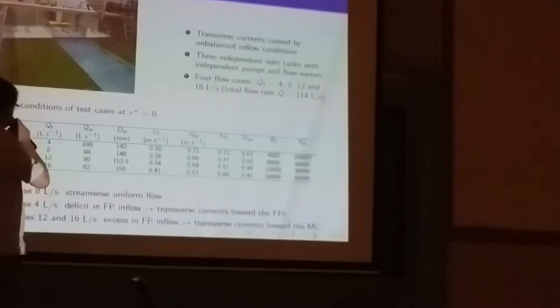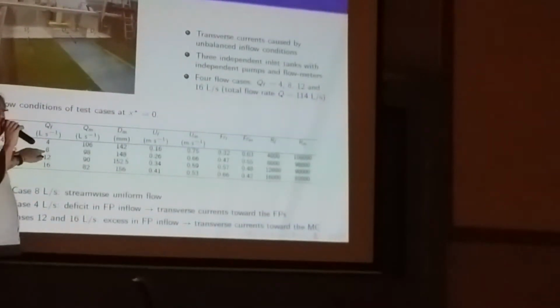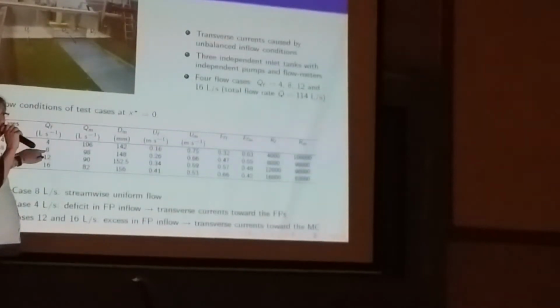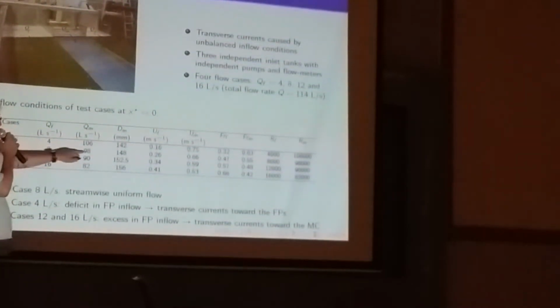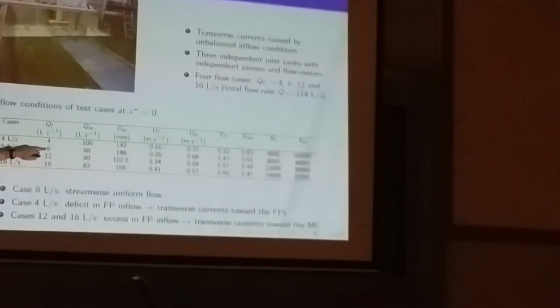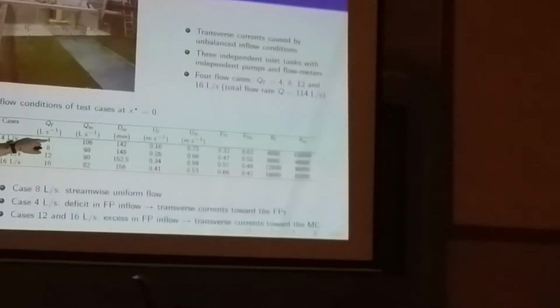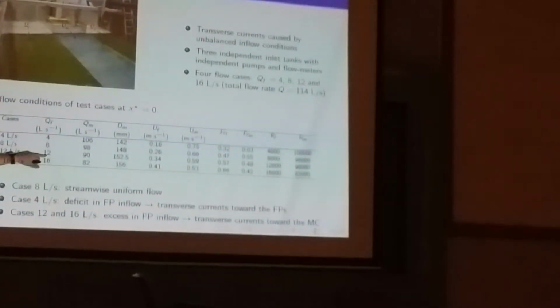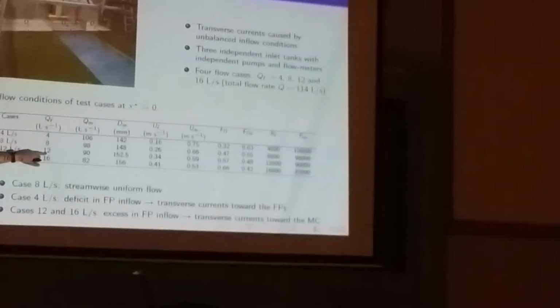My reference flow is this one. This is uniform flow. I don't have the choice. There is only one value that works. This is 8, and so okay. So what I want to have is symmetrical things. So here, minus 50%, plus 50%. Okay?